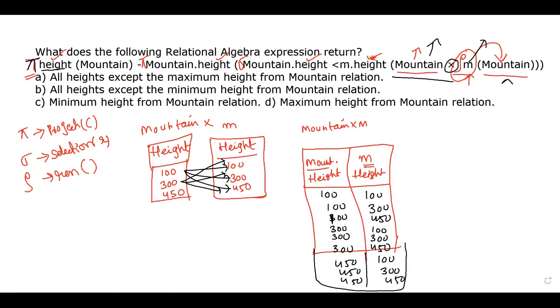So on the screen, this is the result of mountain cross rename of M as mountain.